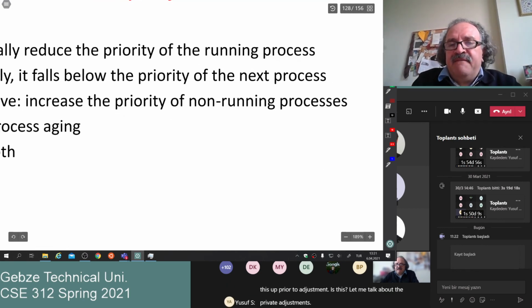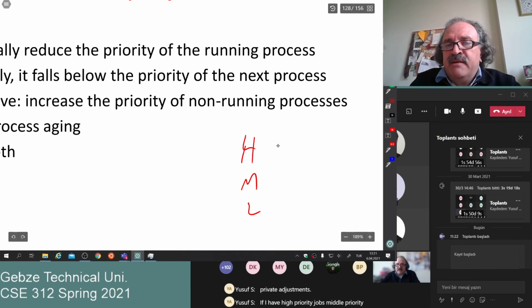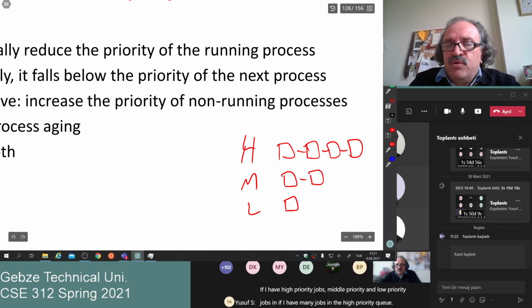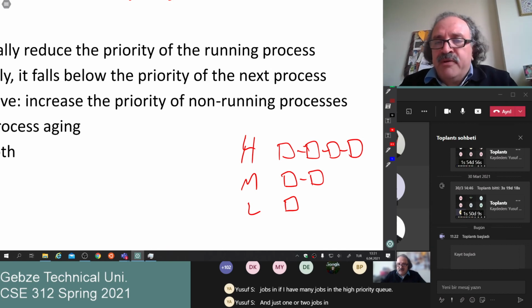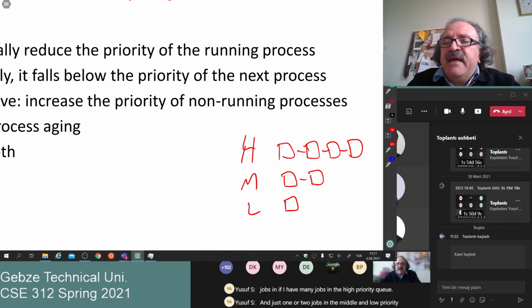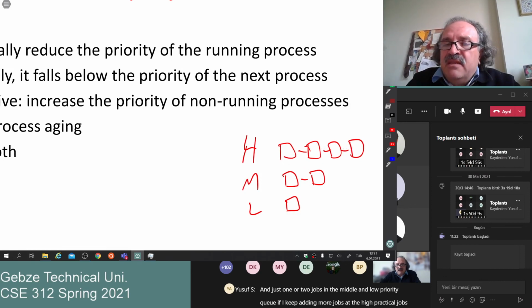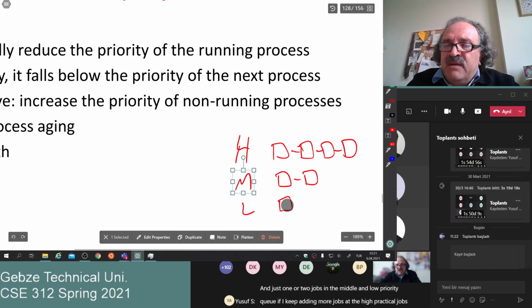If I have high priority jobs, middle priority and low priority jobs, and I have many jobs in the high priority queue and just one or two jobs in the middle and low priority queues, and I keep adding more jobs to the high priority queue, then these two jobs and this job here will starve.